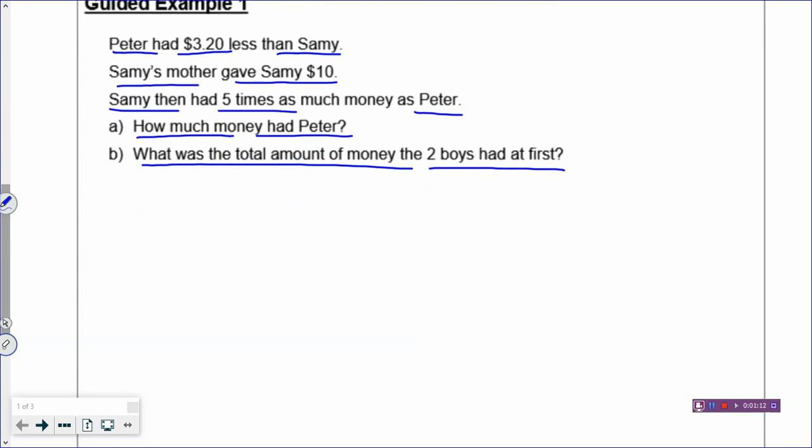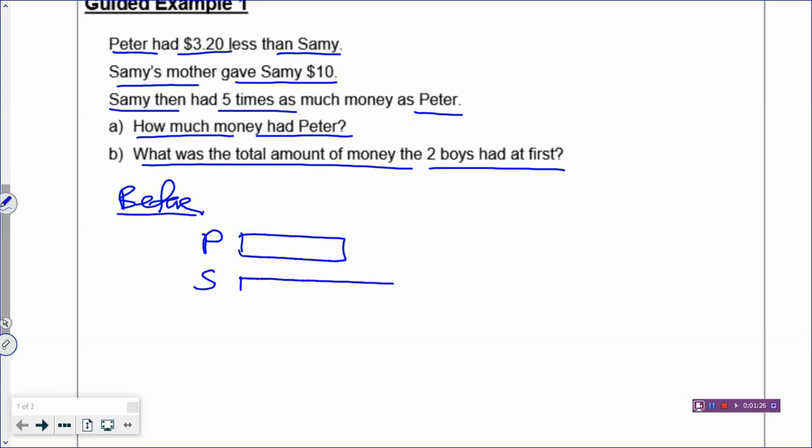Alright, so let's draw out the before model. And you'll be surprised to see that actually it's not so hard to solve problems like this. Peter had less than Sammy, $3.20 lesser.